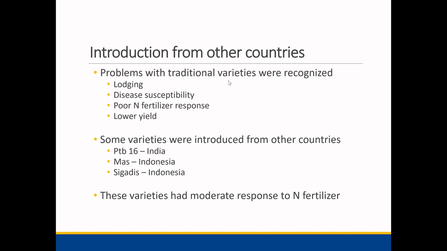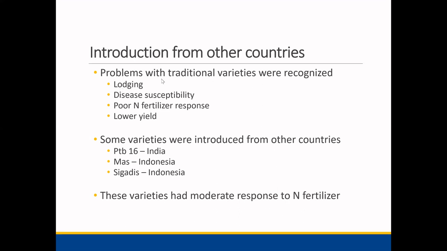So the problems with traditional varieties were recognized. So major problems, I already taught you, right? What are the problems, right? So many problems, but among them, these are the major problems with these traditional varieties. The lodging, right? Because they grow tall, right?